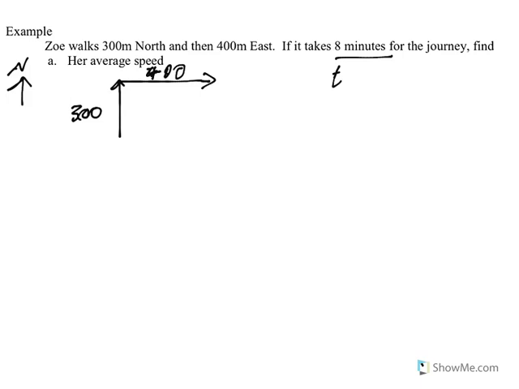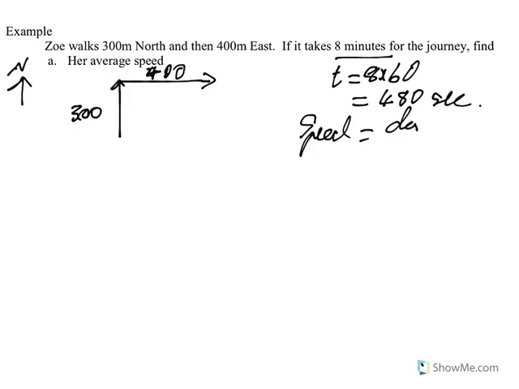Now time has to be in seconds. So 8 times 60, 6 8s are 48, so 480 seconds. Metres and seconds are the standard units, so we need to work in that. So speed is the distance over the time.